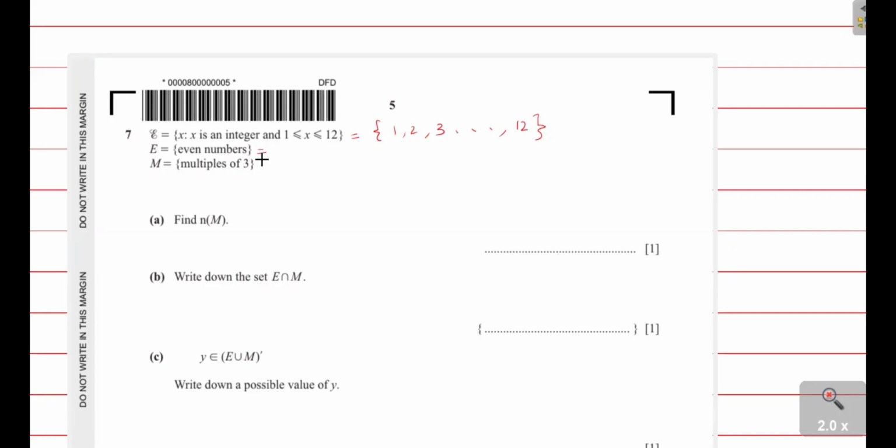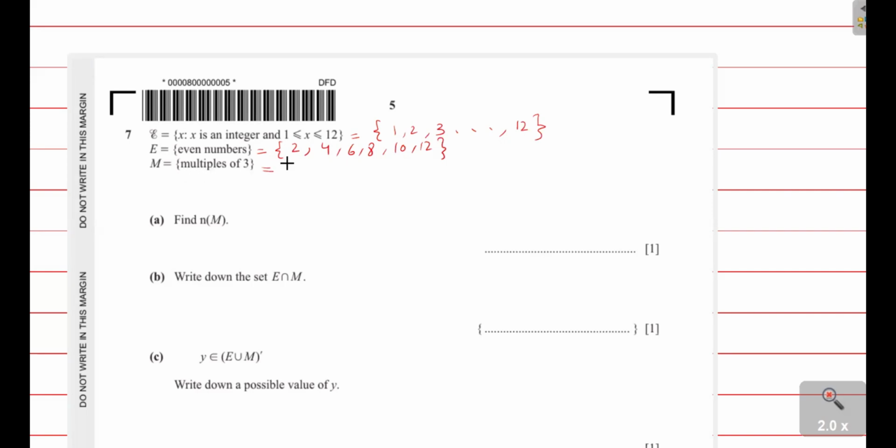Next, E is the set of even numbers. We will select the even numbers from this universal set. These even numbers would be 2, 4, 6, 8, 10, 12.